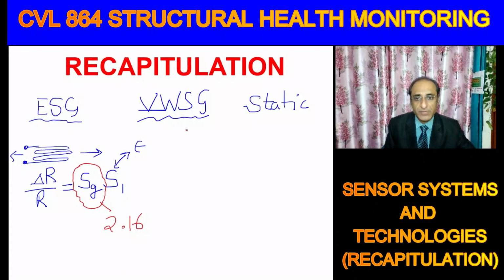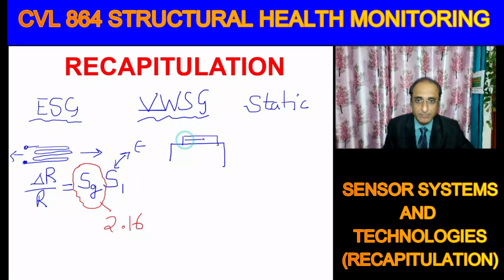And what's the principle of the vibrating wire strain gauge? It's basically based on the vibrations of a pre-tensioned wire. Here there is a pre-tensioned wire which is connected to the monitored structure and inside a capsule.